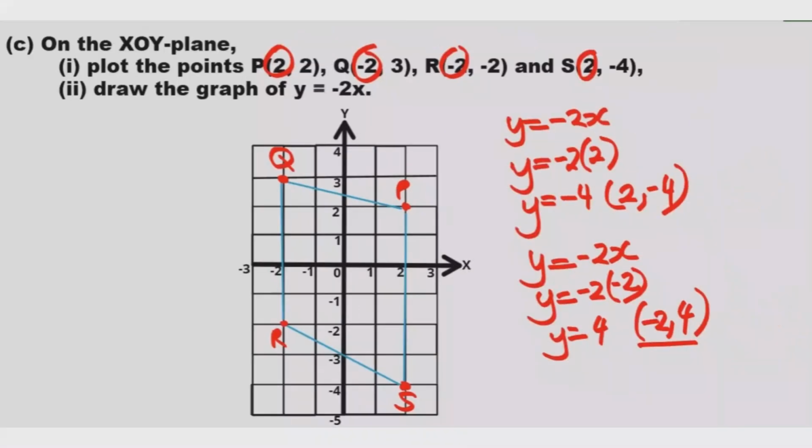We start with this one, which is 2, negative 4. So this point 2, negative 4 is here.